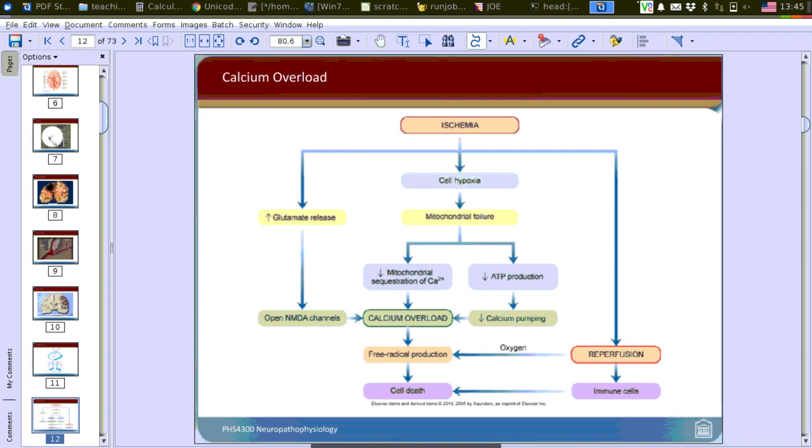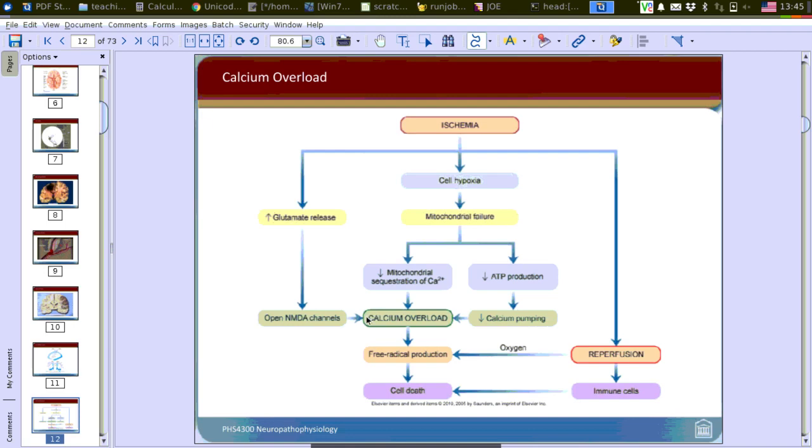And the main neurotransmitter used for communication is glutamate. So there's going to be a lot of glutamate released. But glutamate causes opening of NMDA channels that allow calcium to enter the cell. So that's going to make the calcium overload even worse.